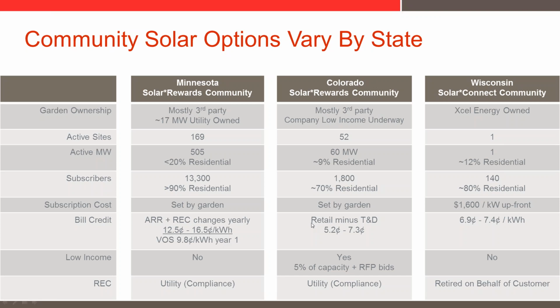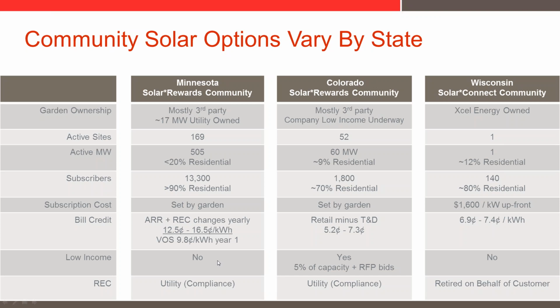In Colorado, the bill credit is retail minus transmission and distribution, which is a fairly common model from what I've seen across the country. And that leads us to about 5.2 to 7.3 cents per kilowatt hour. And then in Wisconsin, it's a similar type of formula, and rate differentials lead to different values there.